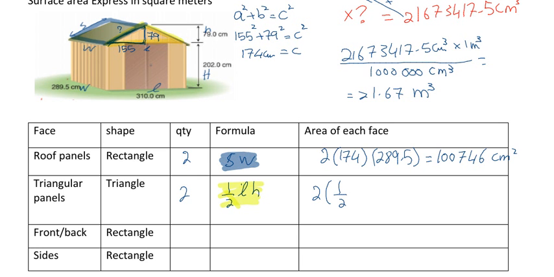Now, 2 times a half, they cancel each other, and it becomes 1. So all I have to do is multiply 310 by 79, and should be getting 2, 4, 4, 9, 0. Are we okay with this?